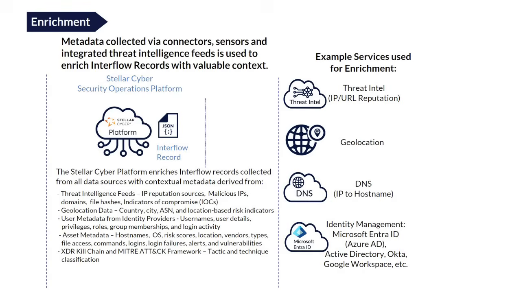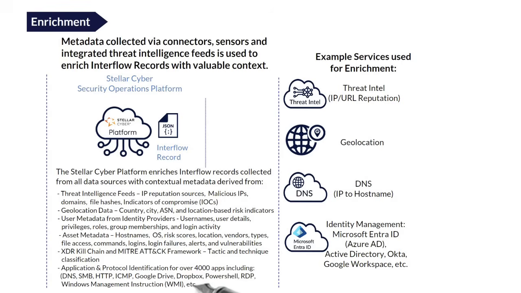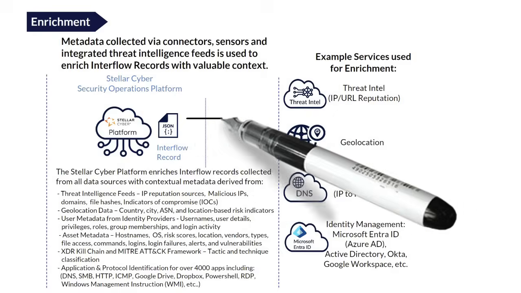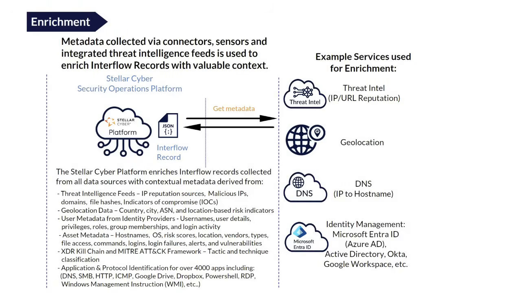Modular sensors also enrich interflow records with application and protocol identification, deep packet inspection (DPI) for over 4,000 applications and protocols, including DNS, SMB, HTTP, ICMP, Google Drive, Dropbox, PowerShell, RDP, Windows Management Instrumentation, etc. Here's an example showing the Stellar Cyber platform getting metadata from an enrichment service, which is then used to enrich an interflow record. The enrichment performed by Stellar Cyber is extremely powerful, adding valuable context to identify and investigate threats.